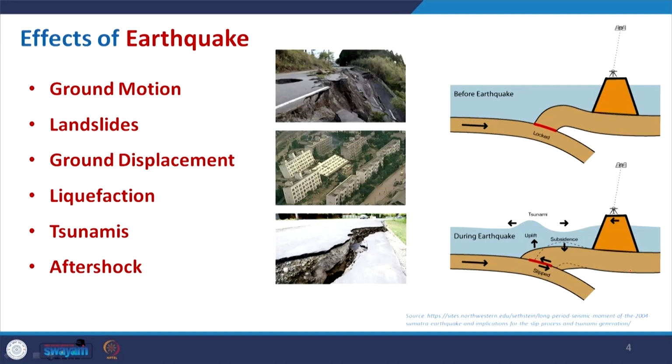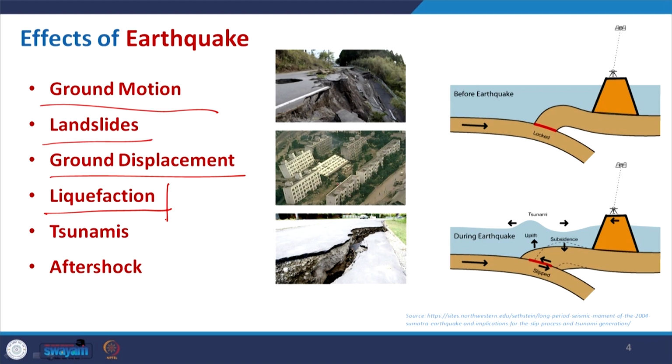Coming to the effects of earthquake. In this slide we can see that there will be some ground motion, there may be some landslide, and ground displacement is also one of the major effects. Then liquefaction is very important, where the soil gets saturated and acts like a semi-liquid.